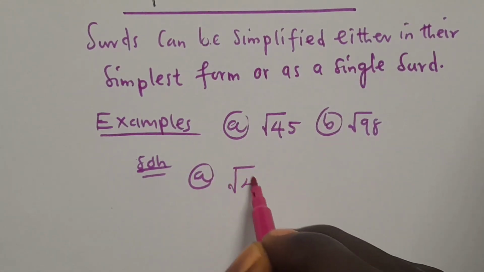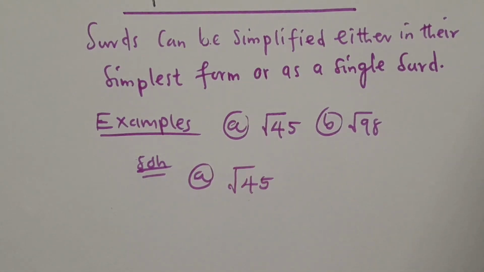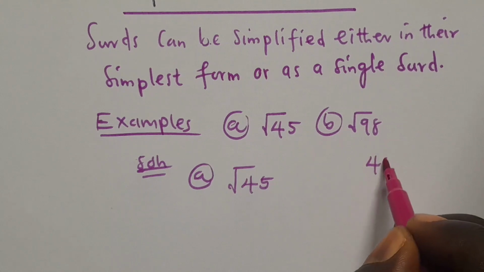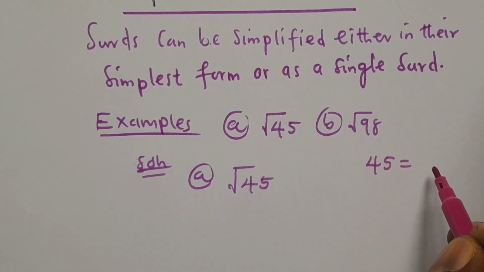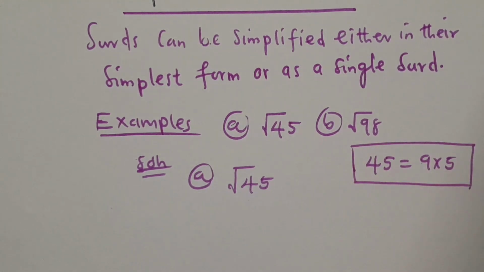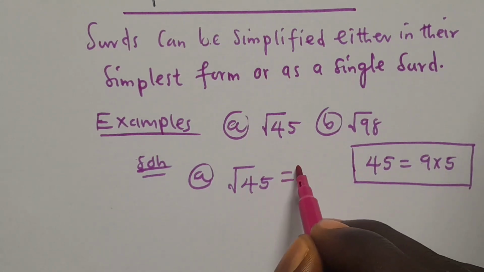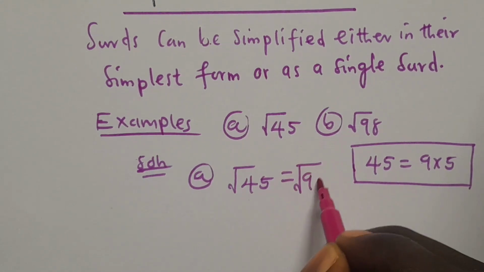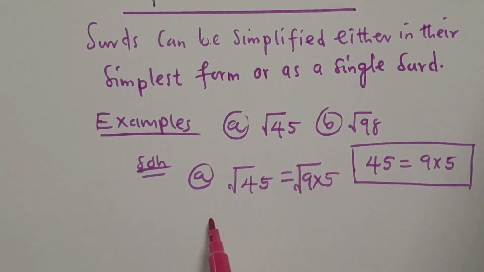We have 45. But note that 45 can be simplified to be equal to 9 multiplied by 5. Now let's substitute it here. We have square root of 9 multiplied by 5, so we can have this to be equal to square root of 9 by square root of 5.